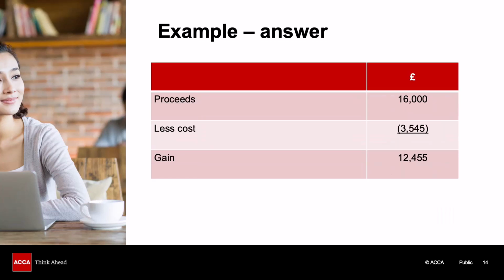So we take that 3,545 figure, we deduct it from the proceeds of the 2,500 shares she's disposed of just now. So 16,000, take away 3,545, and the gain on the shares she has disposed of in May is £12,455.